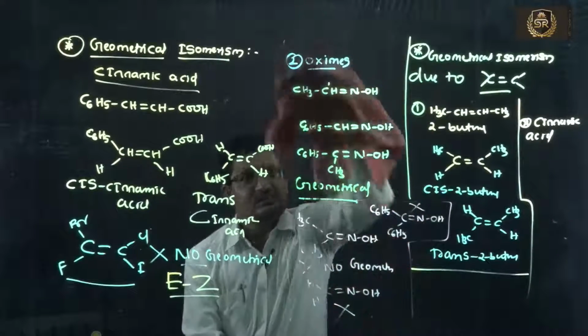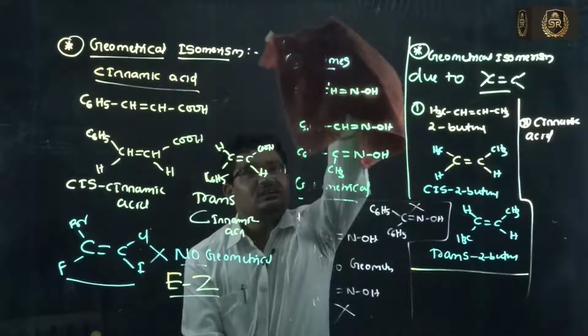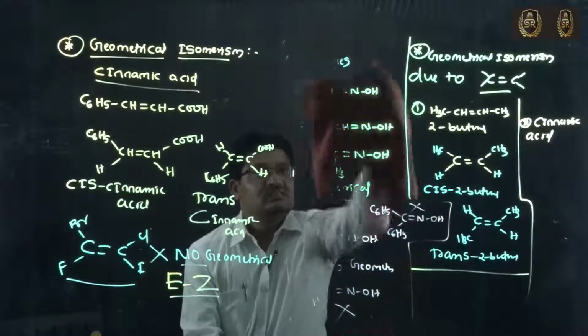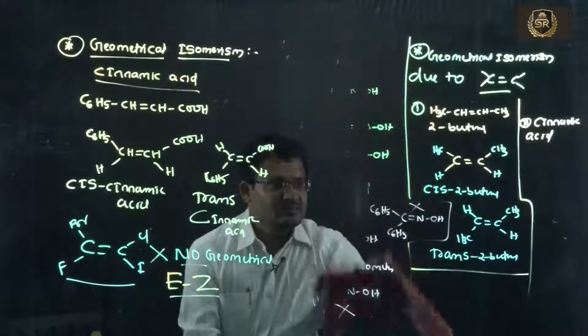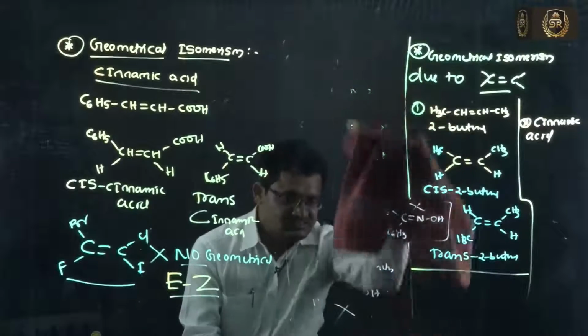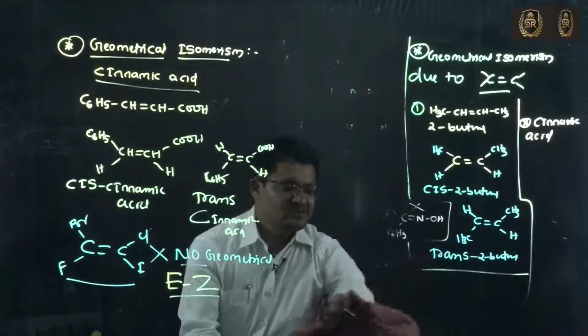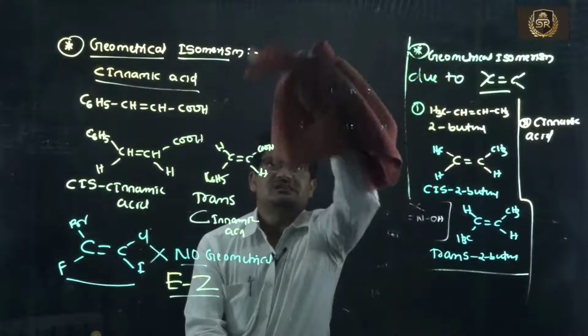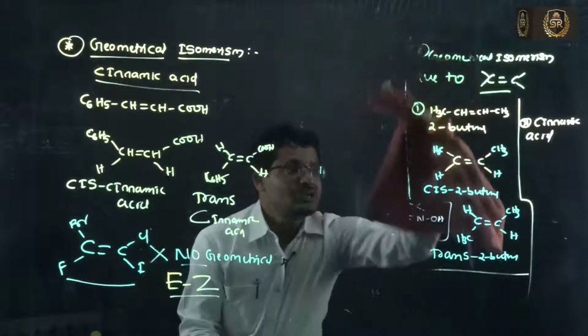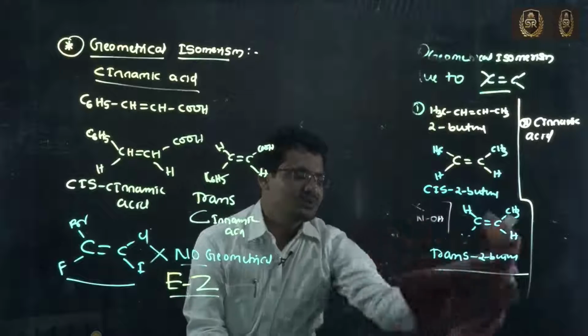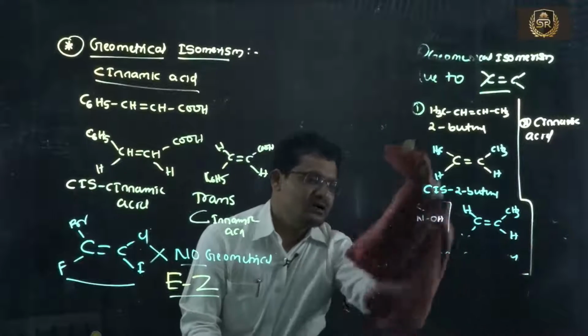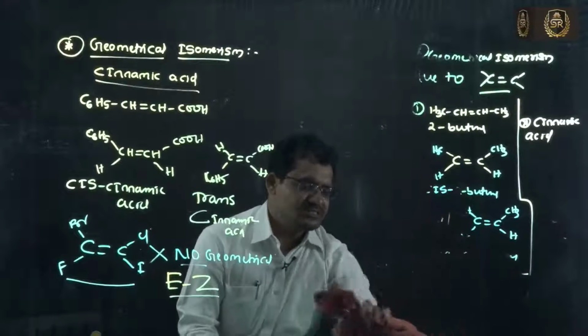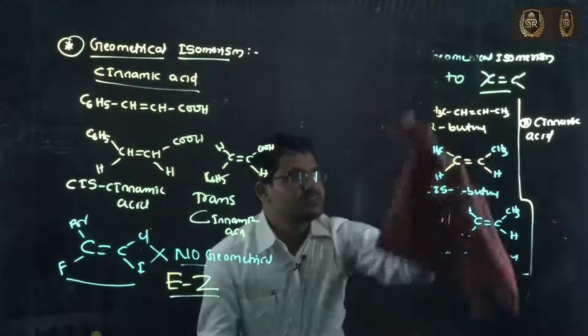What is the meaning of EZ? E means opposite side, Z means same side. That means when the two higher atomic number atoms are on opposite sides, it is called E configuration.